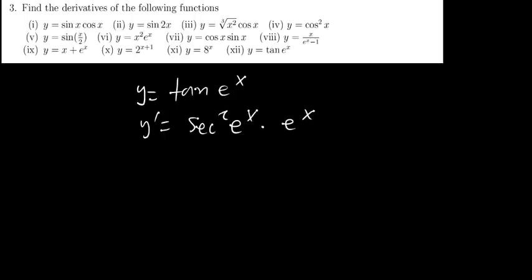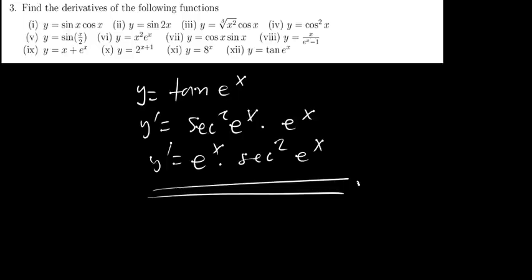Okay, so the answer ends like this: y prime is equal to e to the power x times sec squared e to the power x. For the fact that I don't have x here, that's why this is going to behave like an angle. E to the power x behaves like an angle because I don't have x. Okay, so that's the basic idea behind the derivative of exponential as well as trig functions.